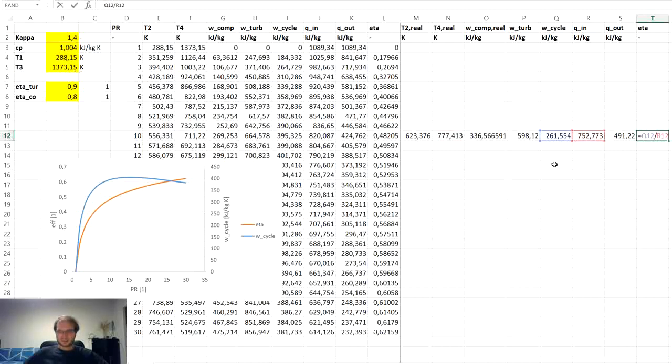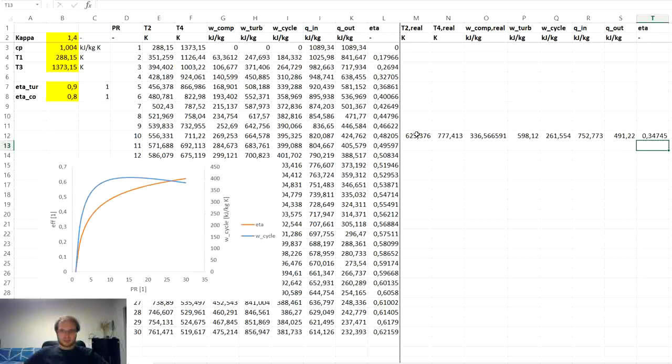And the efficiency is the work of the cycle divided by the heat input, or you can check that the same efficiency could be obtained as heat input minus heat output, which needs to be the work of the turbine, divided by the heat input, and you can see the same values.